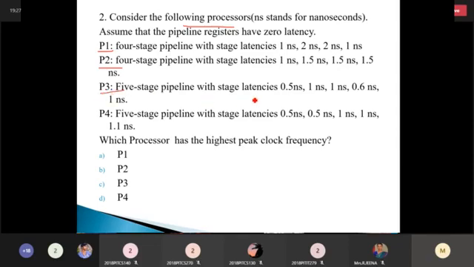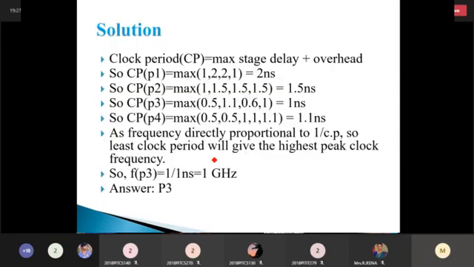And P3 is a 5-stage pipeline with stage latency 0.5, 1, 1, 0.6 and 1. And for P4, 0.5, 0.5, 1, 1, 1.1. So I need to calculate which processor has the highest peak clock frequency.